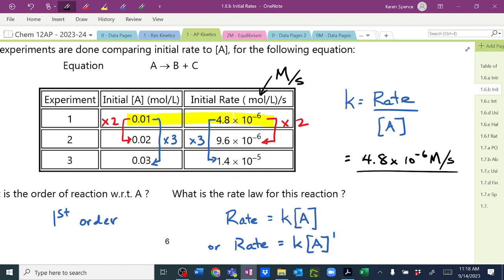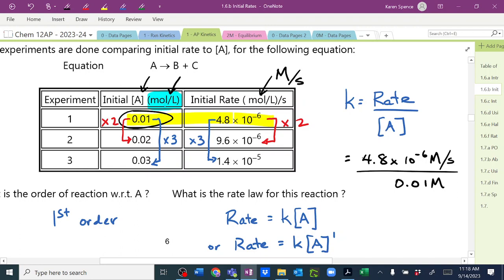Divide by concentration of A, which is 0.01. And what's the unit for the concentration of A? Molar, right?